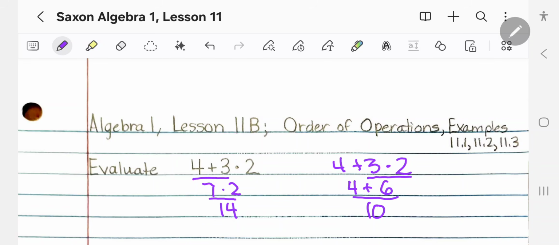since you can get two different answers, mathematicians had to come up with rules. Have you ever played a game and you have rules and you and your friends have to agree on those rules? I can think of a couple of examples from my family. One of them is Uno. It seems like when we play Uno with other families, my boys would always say, wait, we don't play it that way.